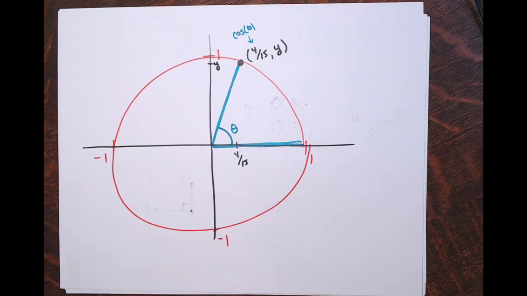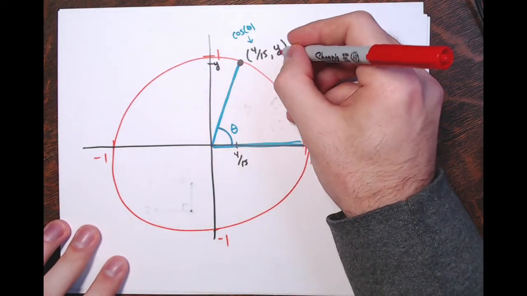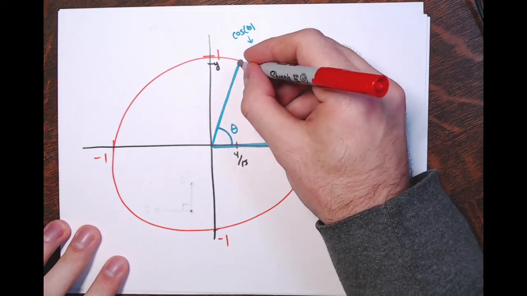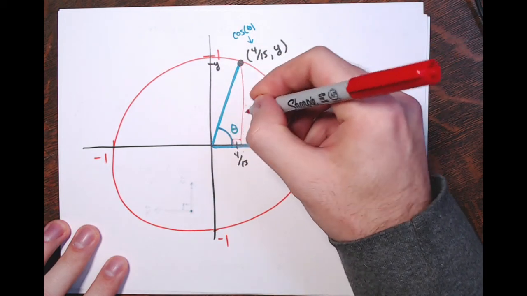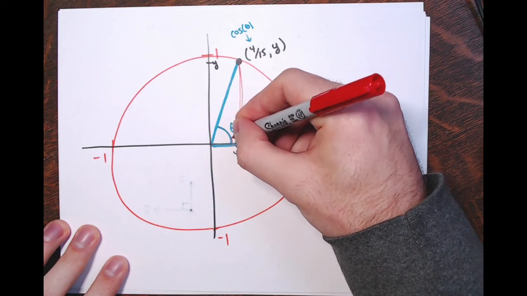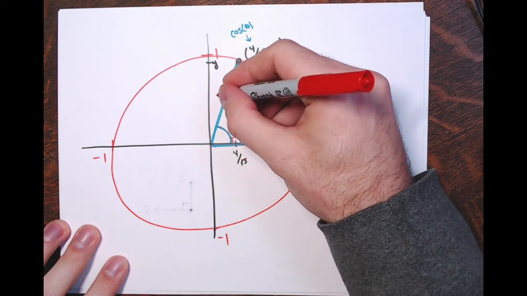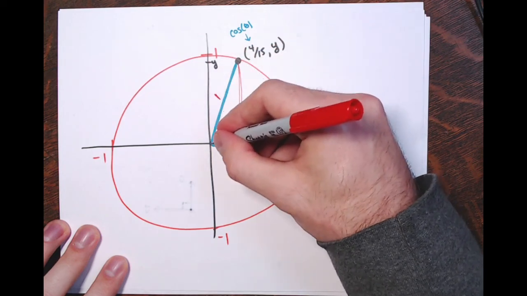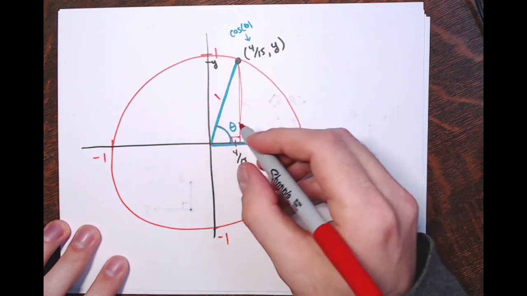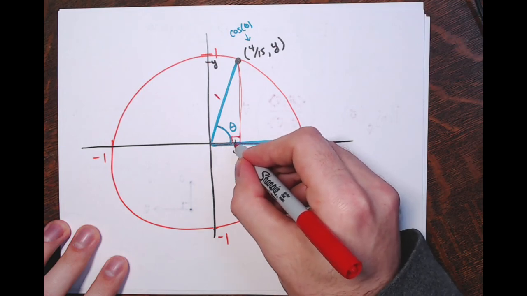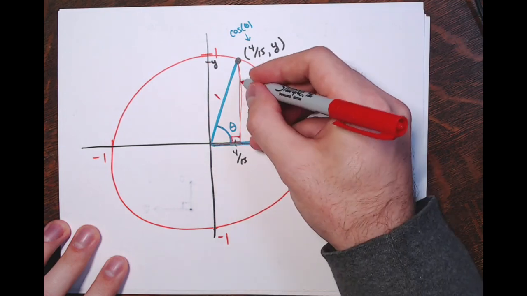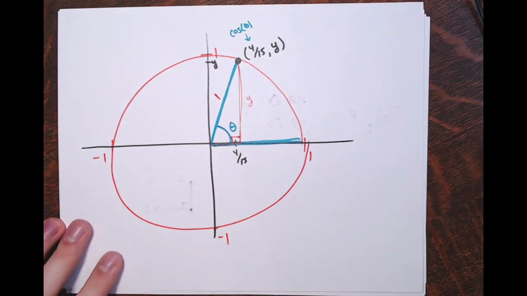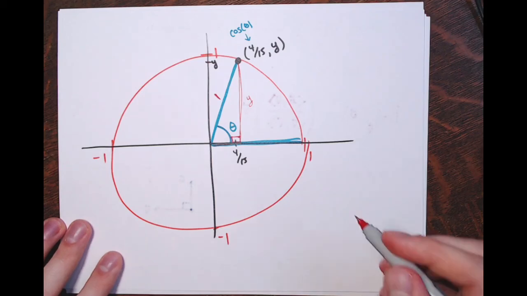All right, well, just like that earlier problem I did, I need to find the y-coordinate. Here's again, drop a perpendicular segment. See the little right triangle here. Hypotenuse is 1 unit, right? This is a unit circle, so that's 1 unit away from the origin. This is a radius. The horizontal distance is 4/15. The vertical distance is y. I don't know what that is. Then I use the Pythagorean theorem.